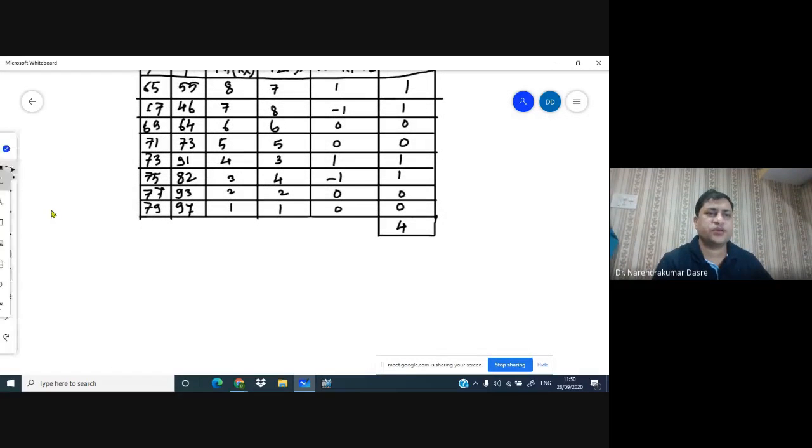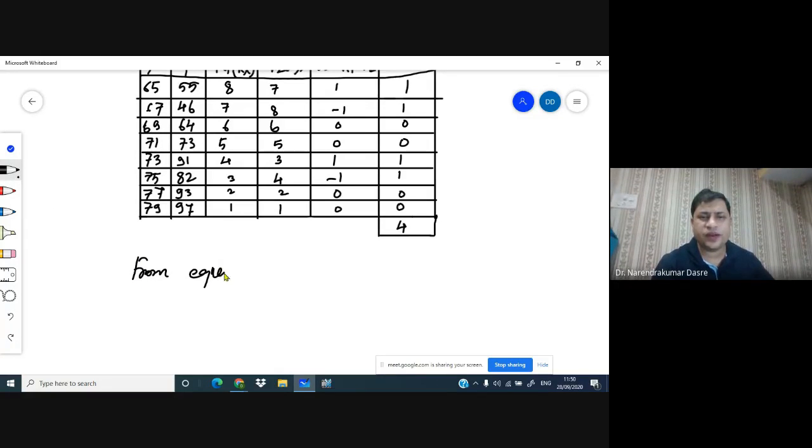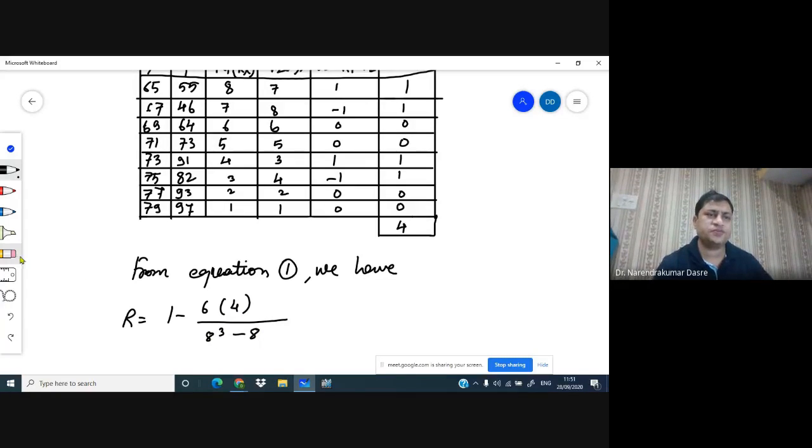Okay. And hence we can say, from equation 1, we have R is equal to 1 minus 6 times 4 upon 8 cube minus 8.